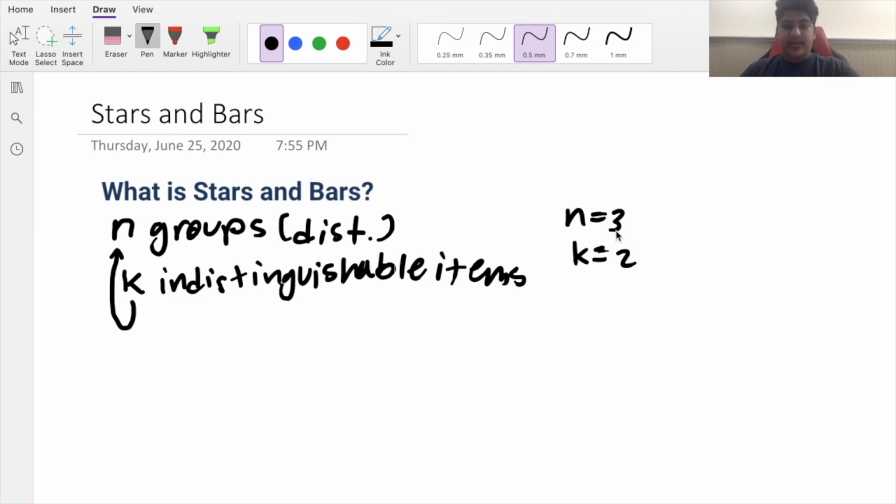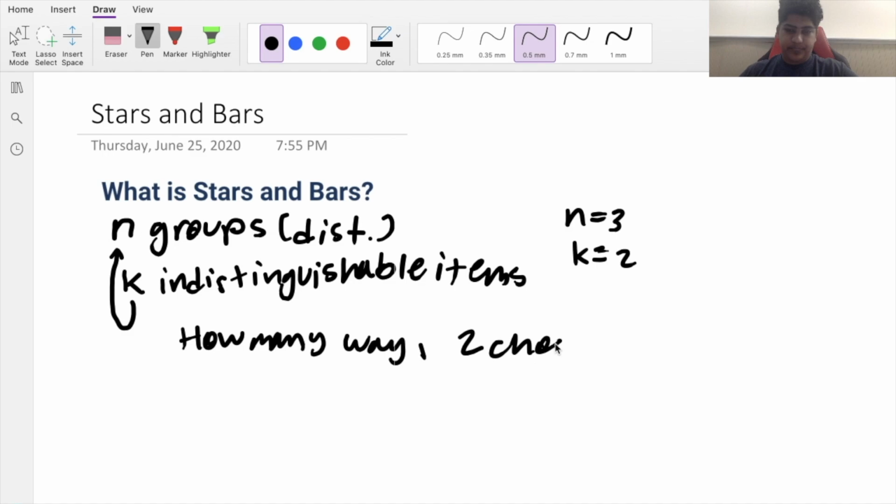If n equals 3 and k equals 2, we can set the problem as how many ways are there to distribute 2 chocolates among 3 children.